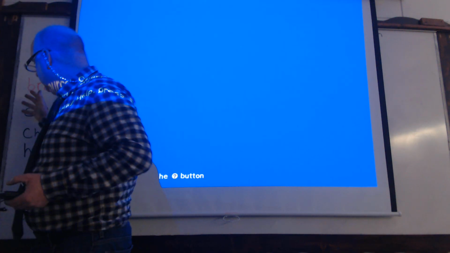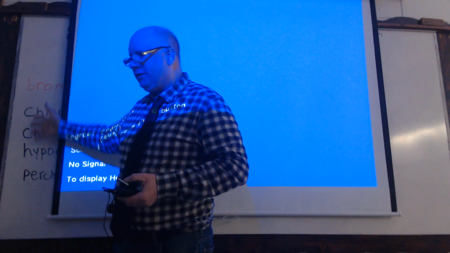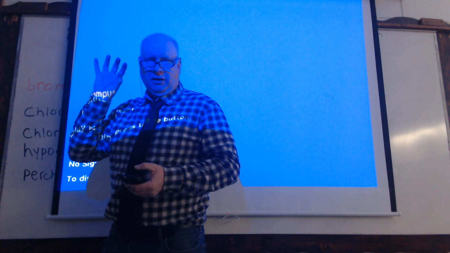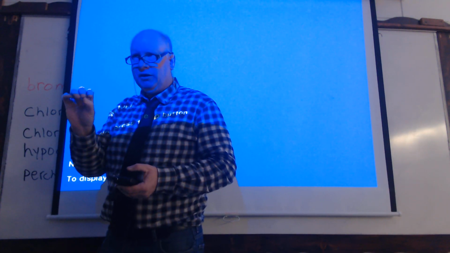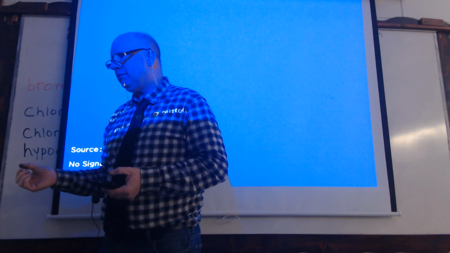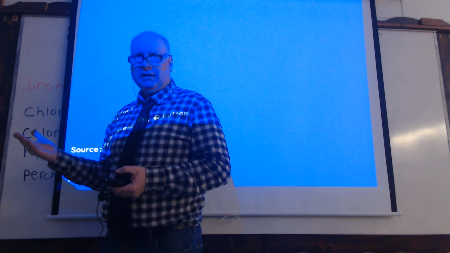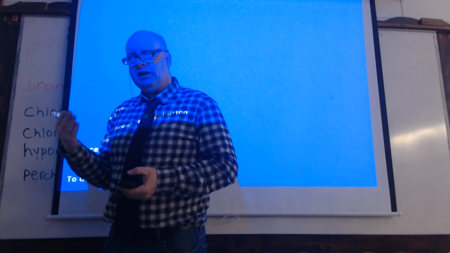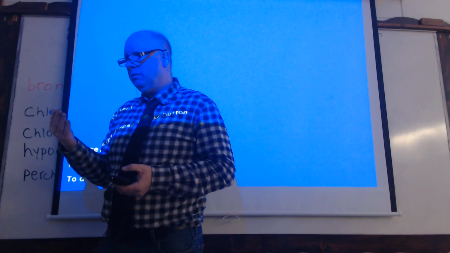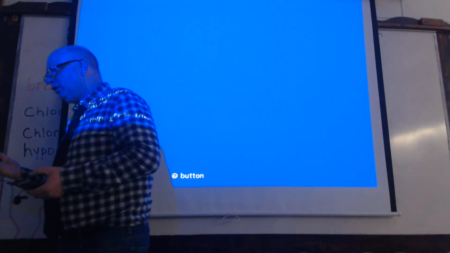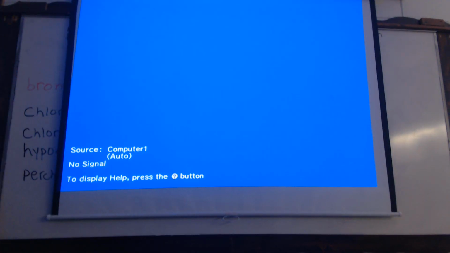Just like these names of these ions that we have back here. It just looks confusing because you haven't been taught that yet. Once you learn that, it's not that it gets repetitive, it's just something that you will then learn to understand.